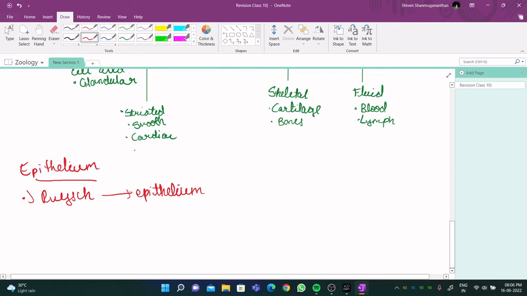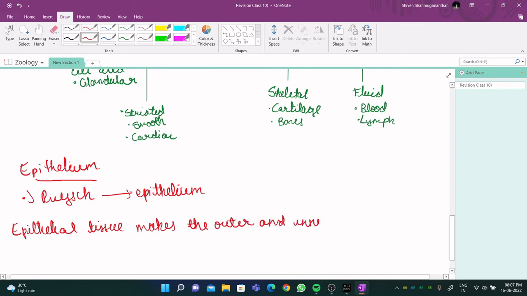Then we have epithelial tissue. The epithelial tissue makes up the outer and inner linings of the body. That's what it's in charge of, basically.